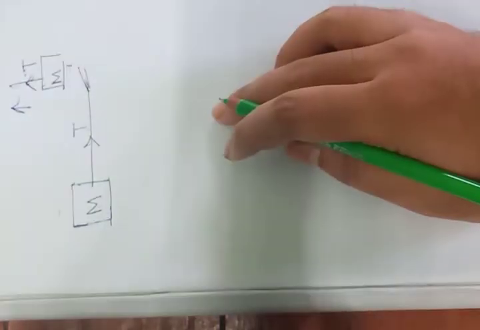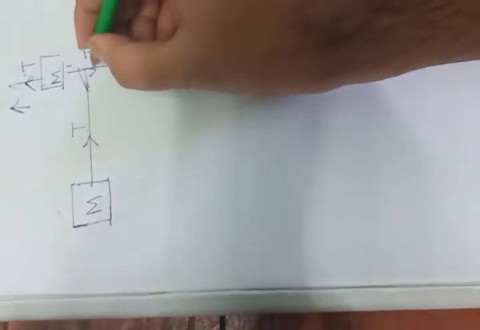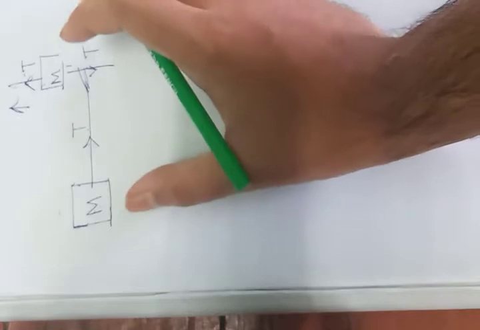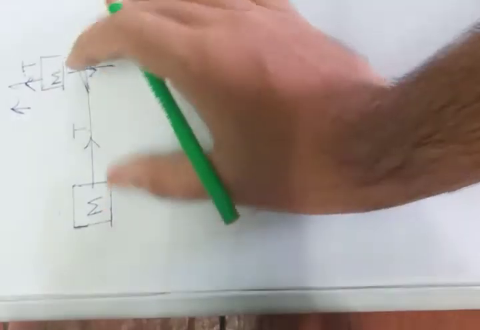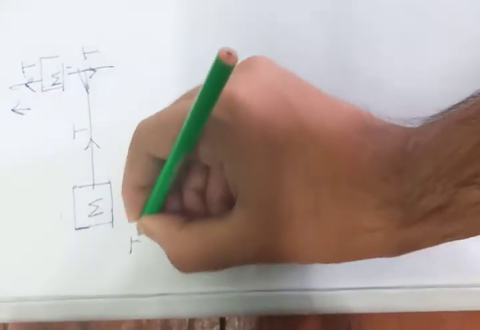If I pull it upwards, the tension force is also upwards. If I'm pulling it downwards, the tension force is also downwards. So it's not basically upwards or downwards or right or left. The tension force is always away from the body.